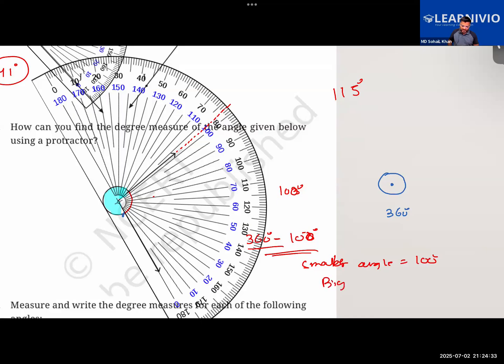So the bigger angle is going to be 360 minus 100, how much? 260. Such a simple question, you guys are taking this much time. Obviously 260 degrees now.